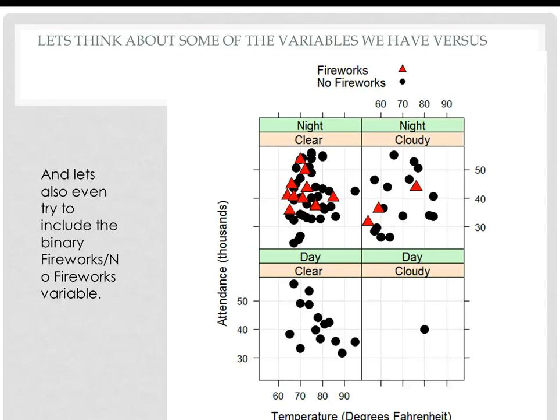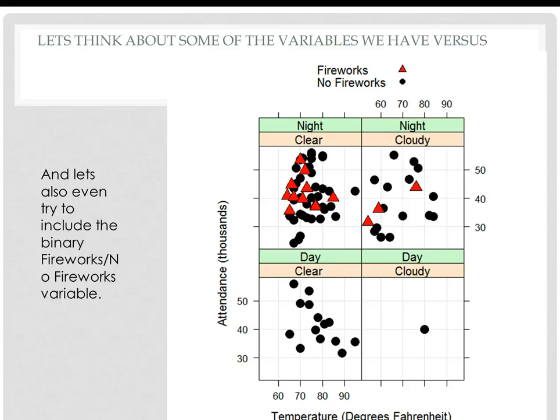Right, but why would it be like this? Why would you only have 3 on cloudy versus more on clear? It'd just be a higher percentage of clear nights than cloudy nights. Yeah, I guess so. Oh, right. Thank you. That's right. He said there could be more clear nights than cloudy nights.